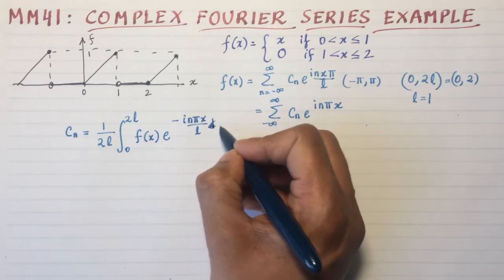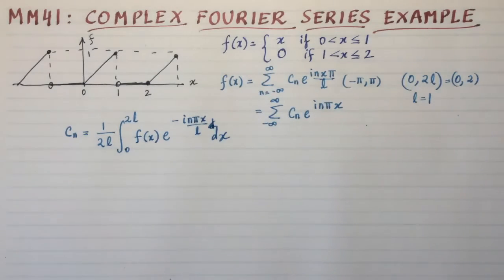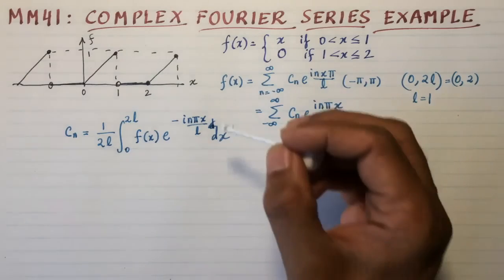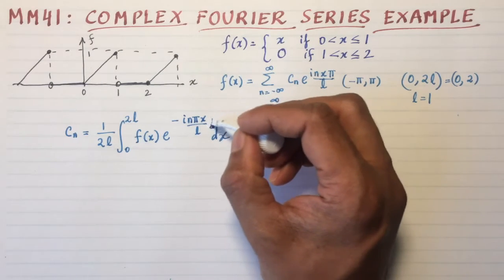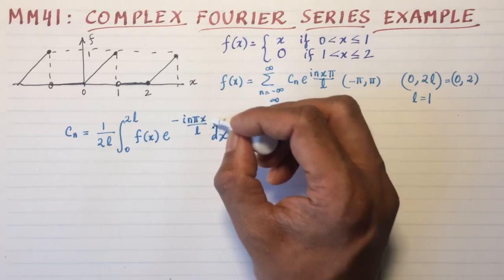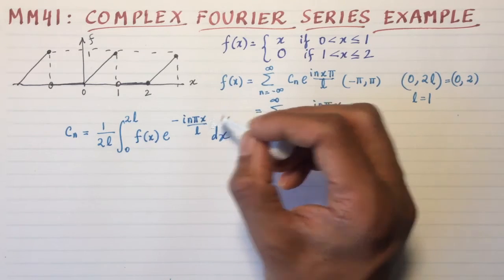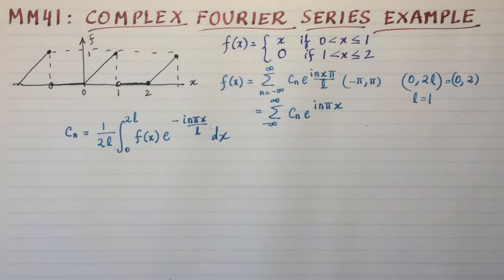That's the formula I'm supposed to use if I have something going from 0 to 2L. Now all we need to do is substitute the function value f of x, the proper limits and the proper value of L.